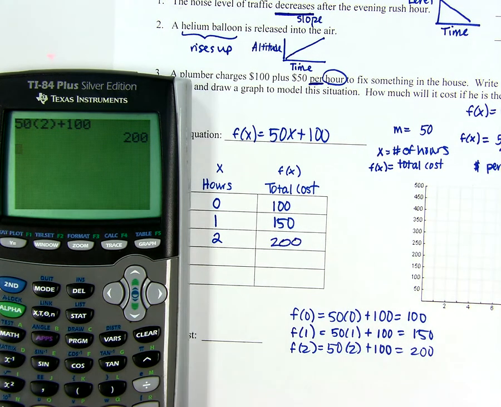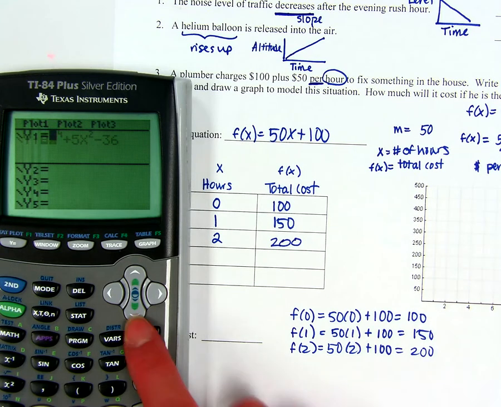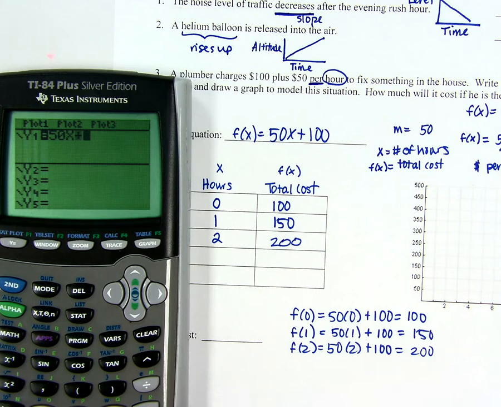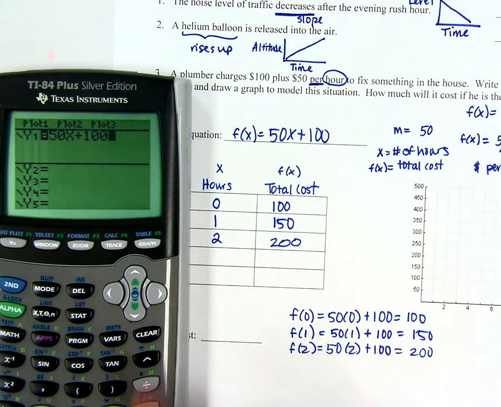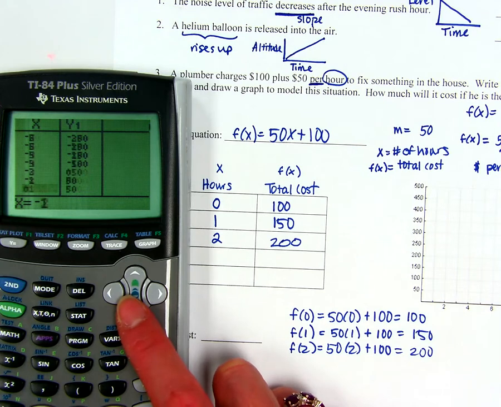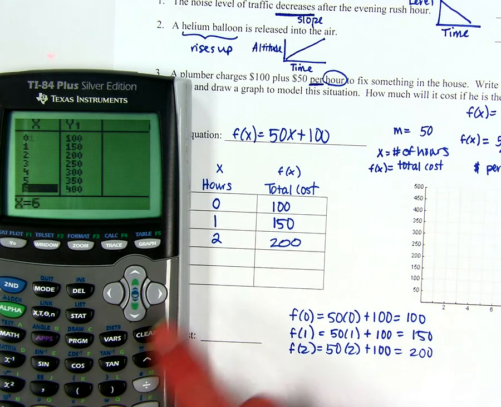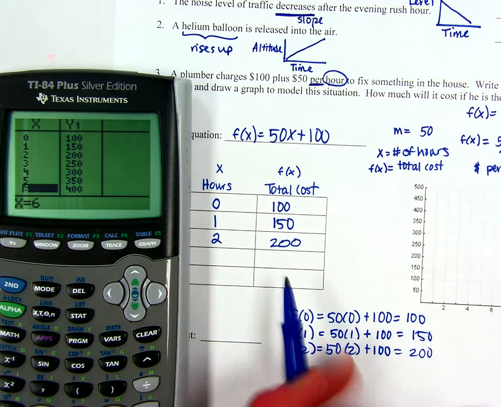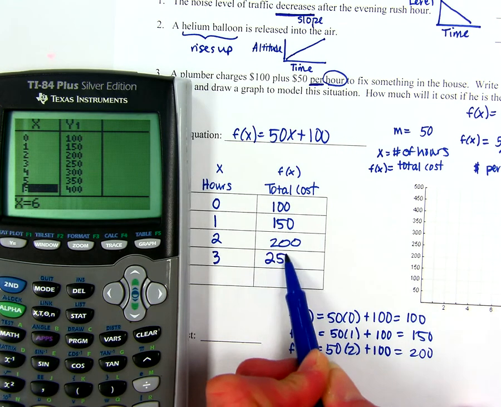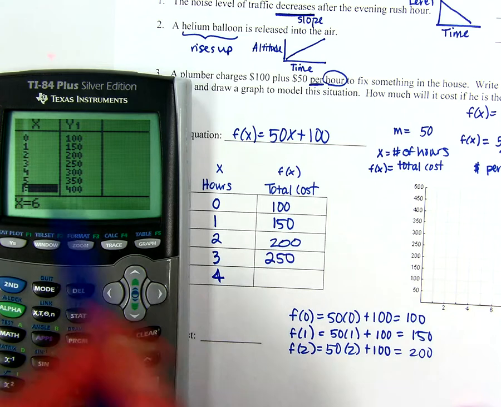Or if I want to just graph it, I'm going to say my equation is 50x plus 100. Now I don't actually have to graph, I just need my table. So if I go to my table, I can look at, well, at 0, got 100, 1 is 150, 2 is 200, 3 is 250, and 4 is 300.